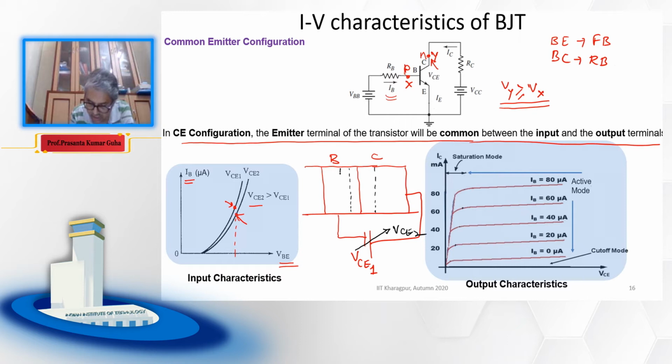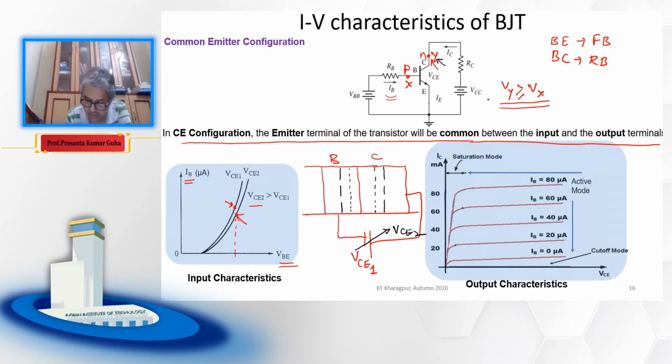The depletion region increases. Why does the depletion region increase? The reason is that VCE2 is more than VCE1. So here Vy will be much more compared to Vx, because we haven't changed VBB.